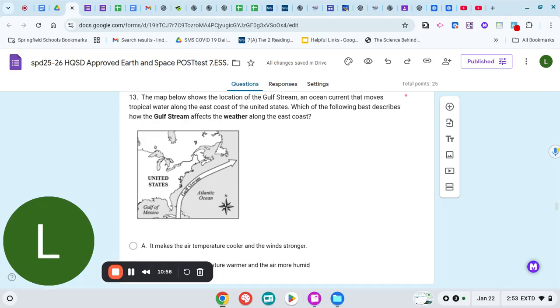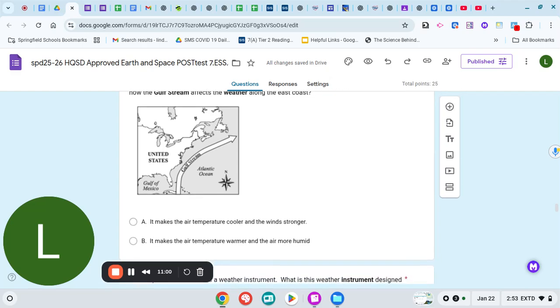A, it makes the air temperature cooler and the winds stronger. Or is it B, it makes the air temperature warmer and the air more humid?